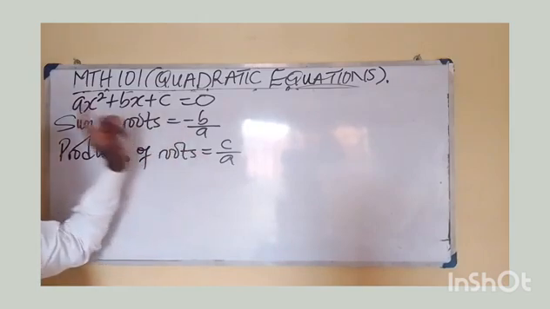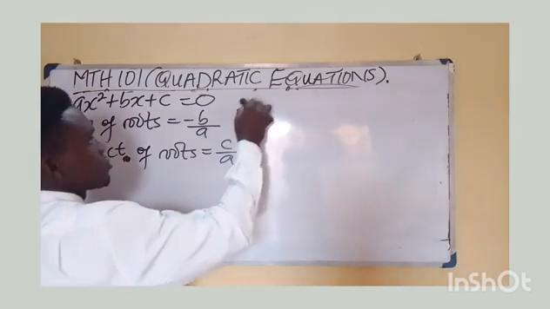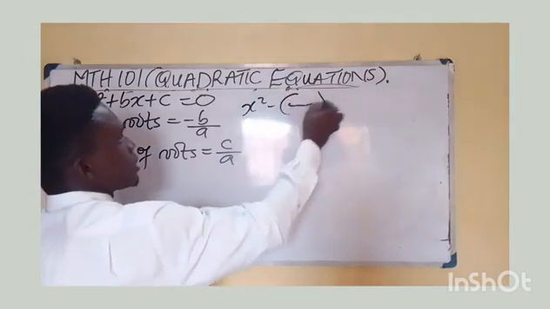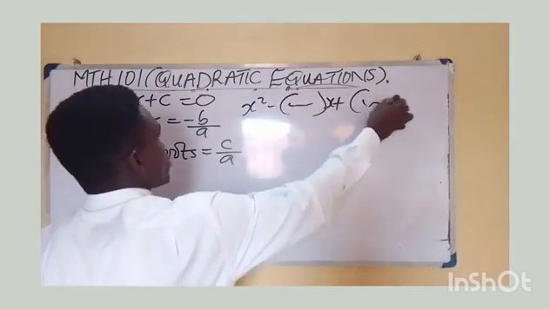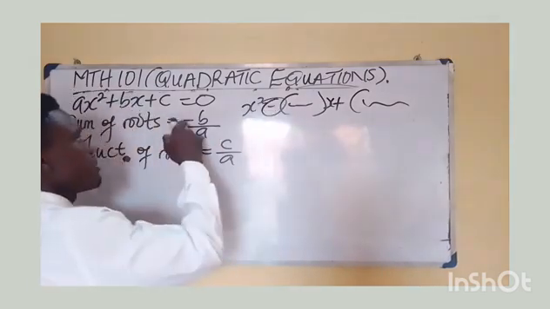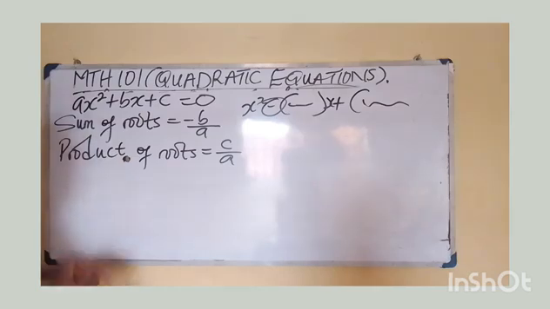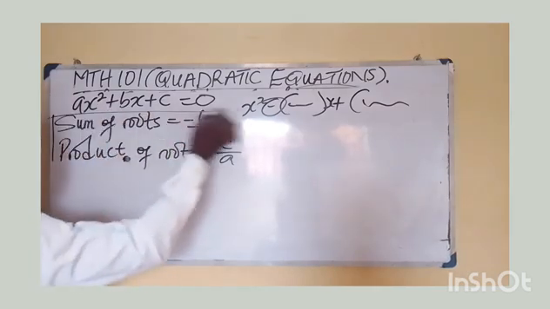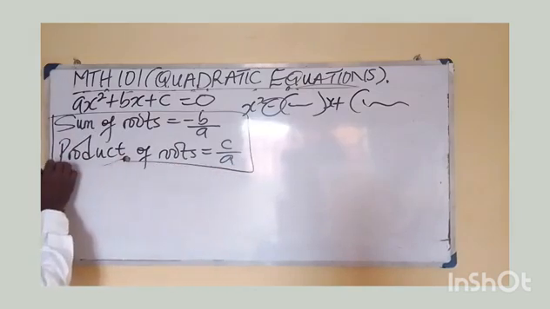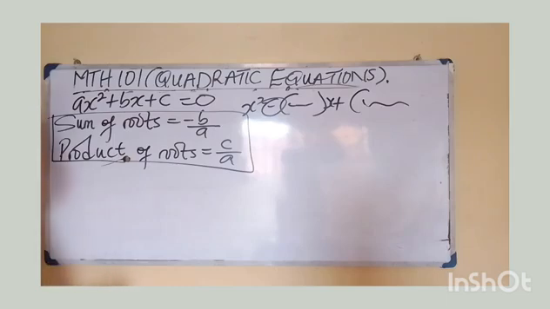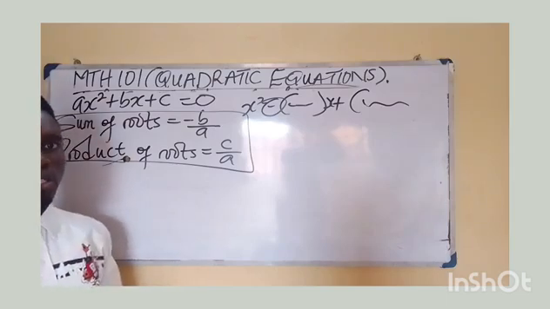It is constant. Don't forget the formula I gave you. I said x squared minus sum of roots and plus product of roots. So this minus is constant. Even when you are given plus here, it is constant. So this is the formula you have to use when you're asked to look for the sum and product of a given quadratic equation.